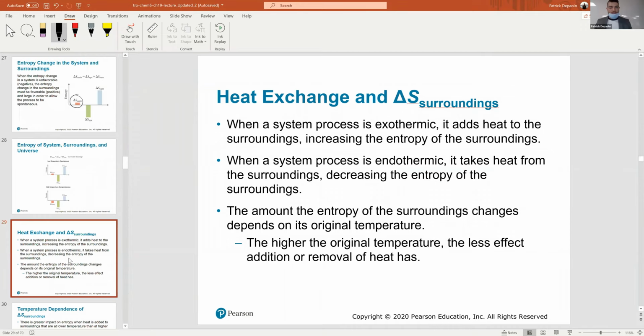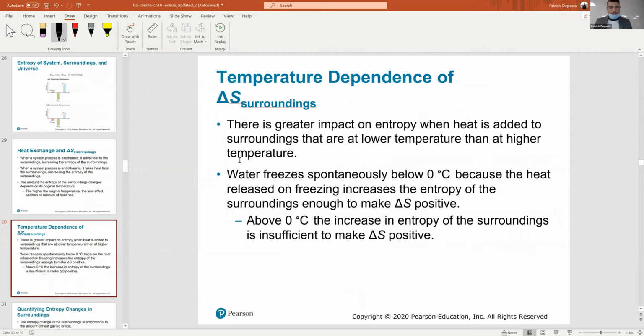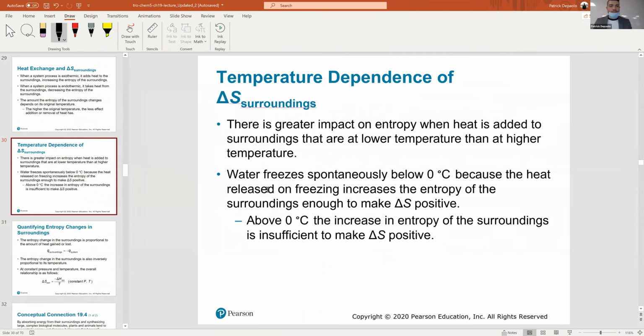When a system is exothermic, it increases the entropy of the surroundings. So it's about temperature. When water freezes below 0 degrees, it happens spontaneously because heat is released from the water to warm up the surroundings, meaning an increase in the entropy of the surroundings.